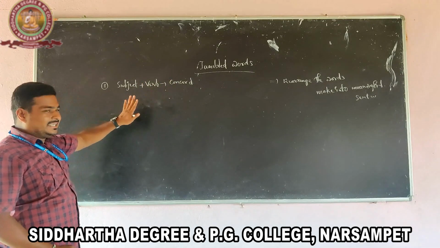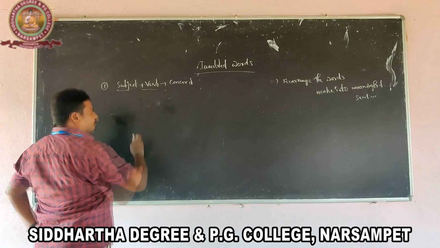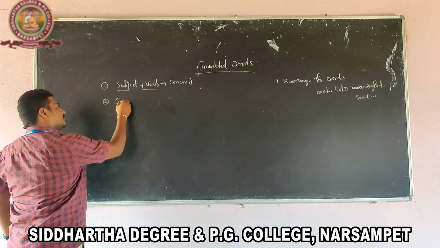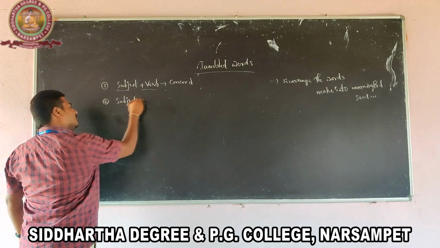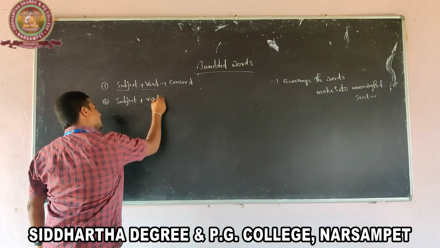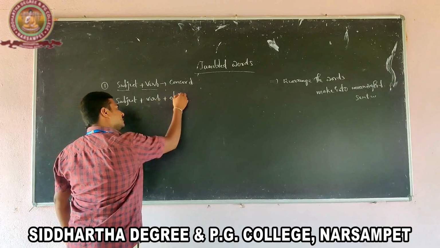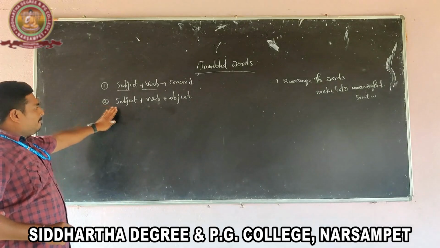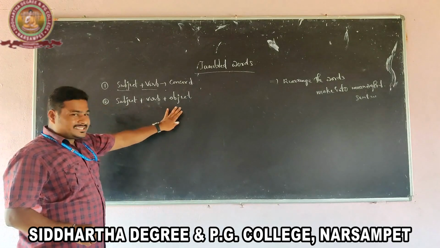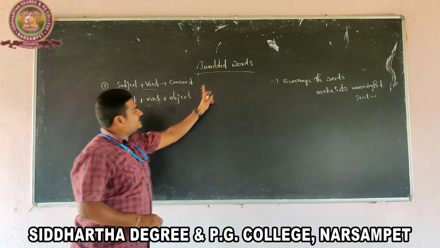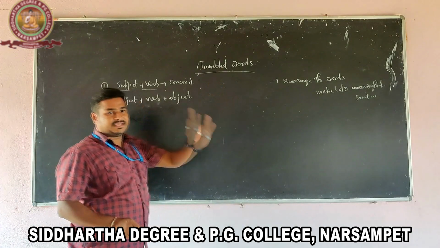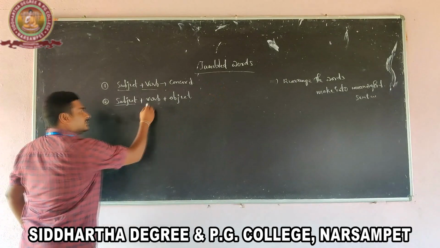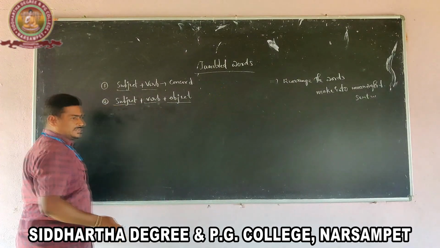So the structure is subject plus verb, and the second one is subject plus verb plus object. With the use of these structures, we solve the jumbled words in an easy way. So we identify subject, verb, object.